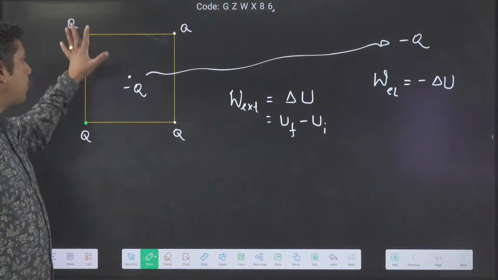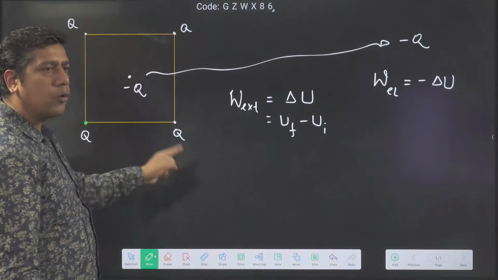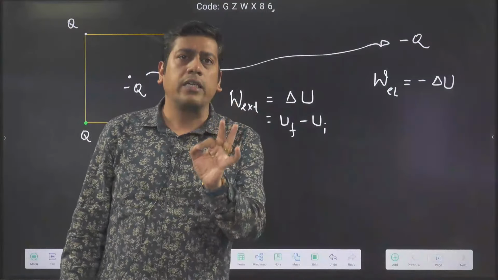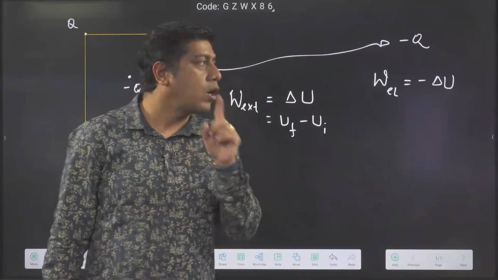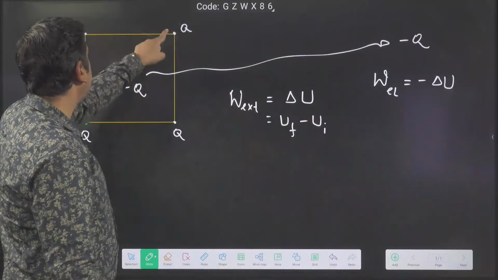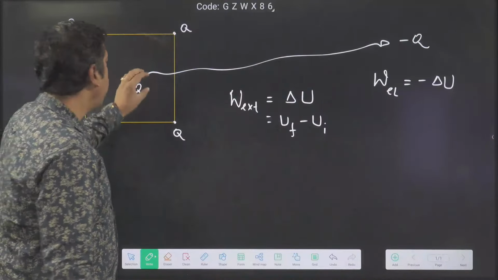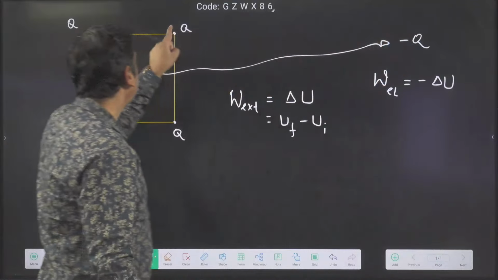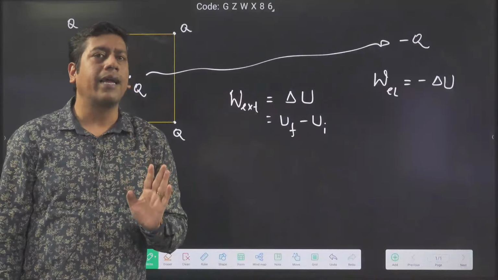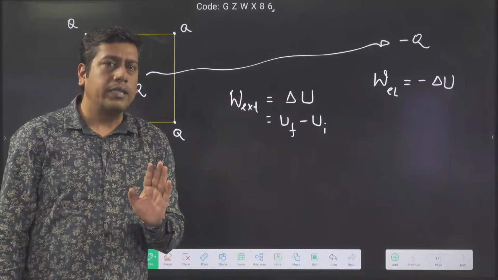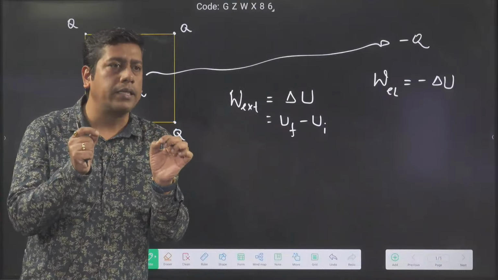Now, while writing potential energy, we will not write the potential energy due to the interaction between Q and Q. When minus Q was at the center and when it is at infinity, the potential energy of Q and Q remains the same. So when you subtract, it will get cancelled out. So we will not consider the potential energy due to the interaction between all the plus Q.